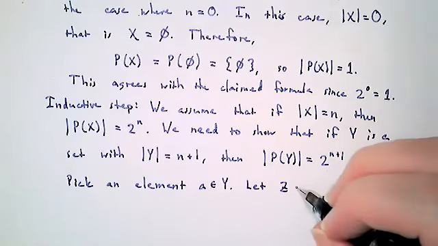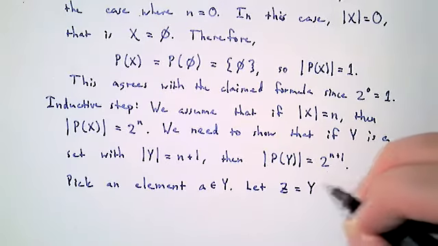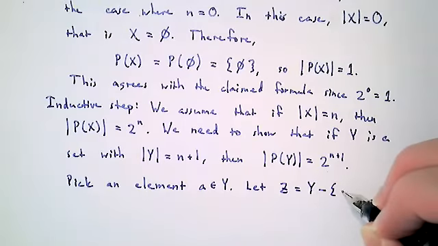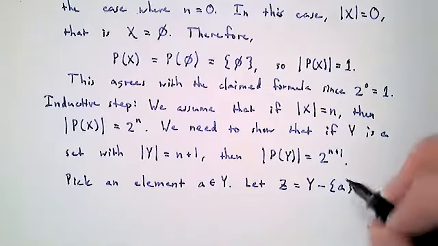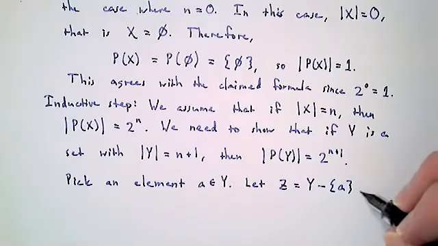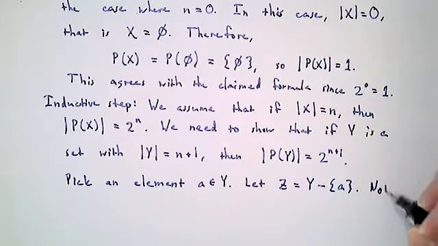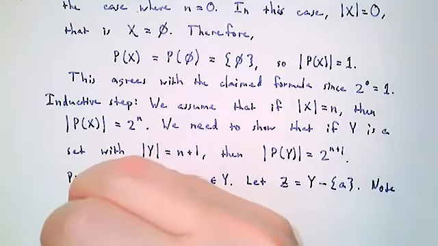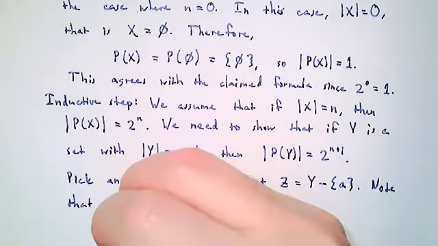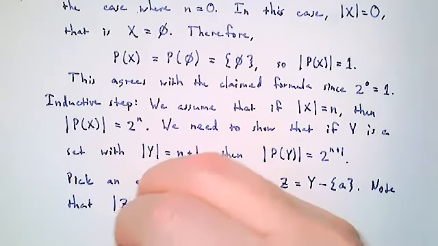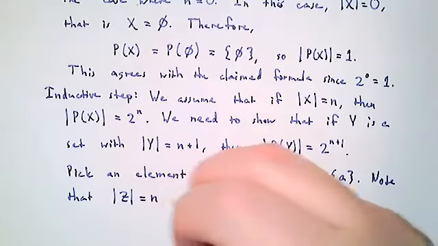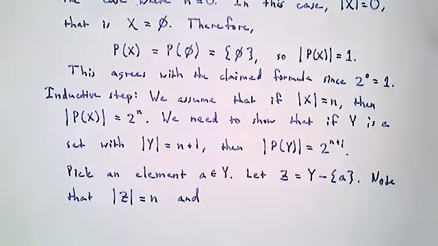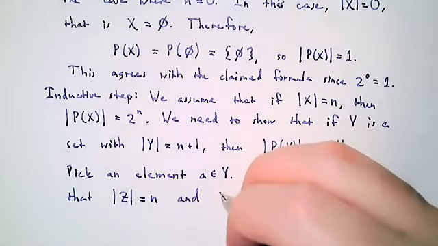So Z is going to be the set Y minus A, or the set containing A. And this is what I wanted, because the number of elements in Z is equal to n. And by assumption, that means that its power set has 2 to the n elements.